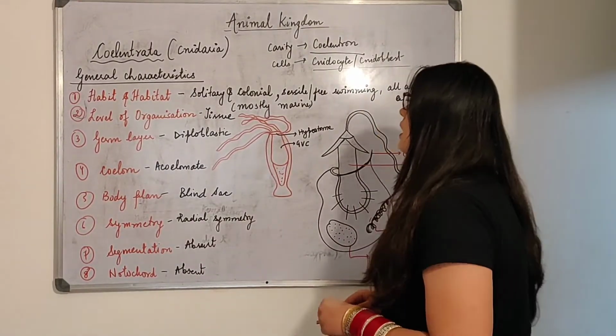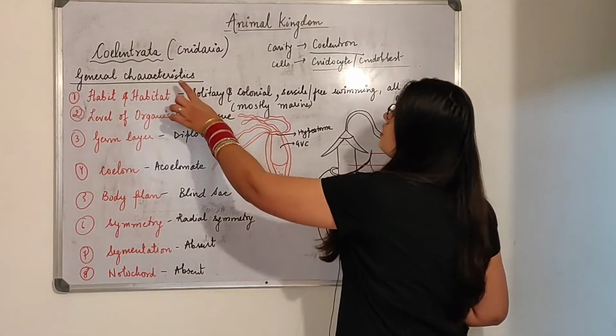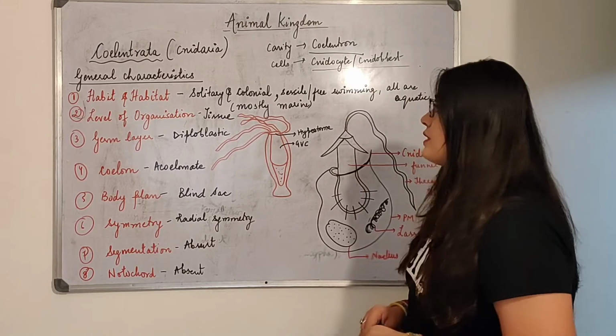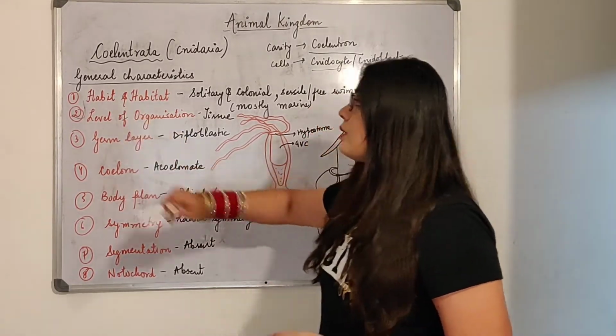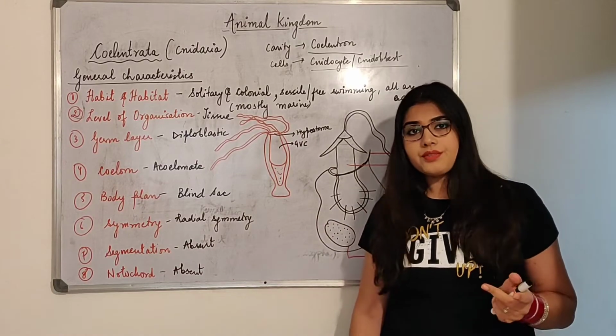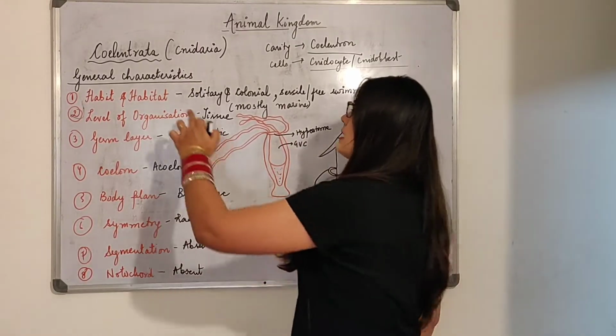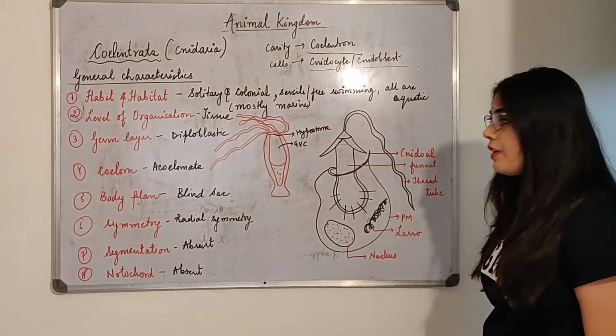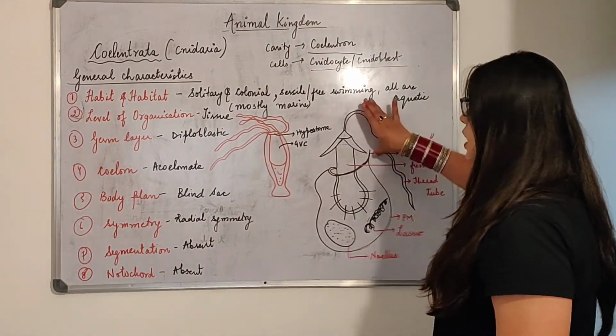Right? Now, next we will be studying the general characteristics. The sequence will be the same as we studied in Porifera. The sequence here will be exactly the same for the general characteristics. Fine. So this diagram I hope you have understood.